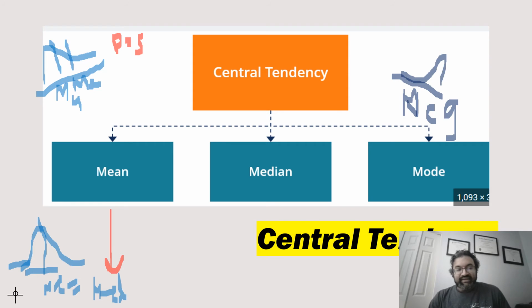If you said the mean is less than the median, you were correct. So there's the median. This is negative skewness.